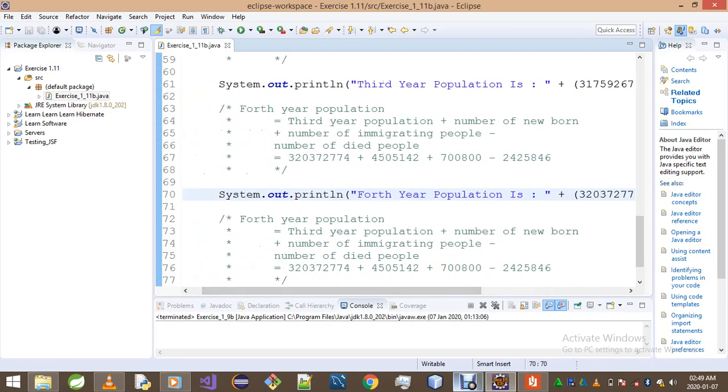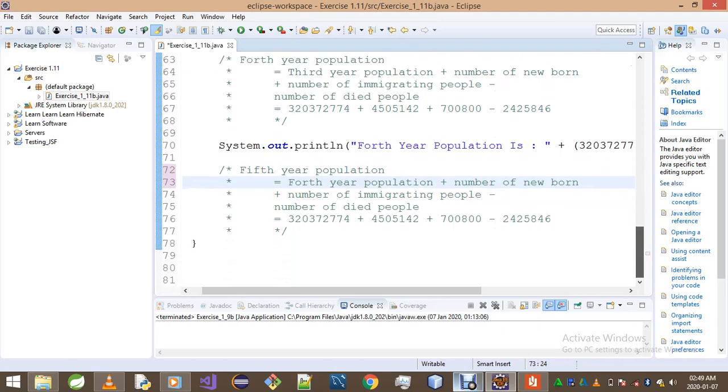Okay, this is for the fifth year. This is equal to the fourth year population, plus that minus that. Okay, this is our final answer.